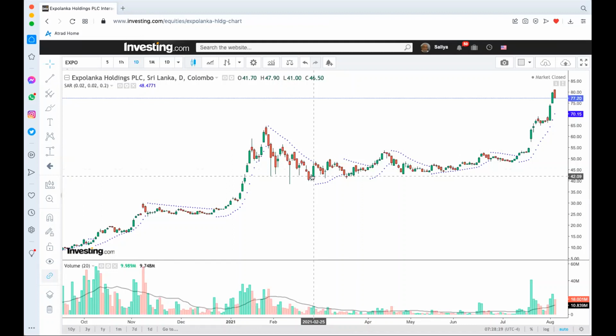In Sri Lanka, we don't have the trailing stop order, but we have a thing called the sell stop limit order, which is a manually done exercise.